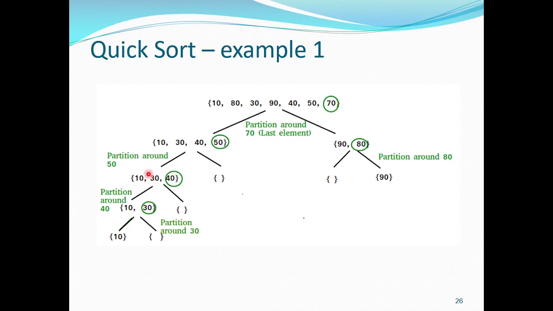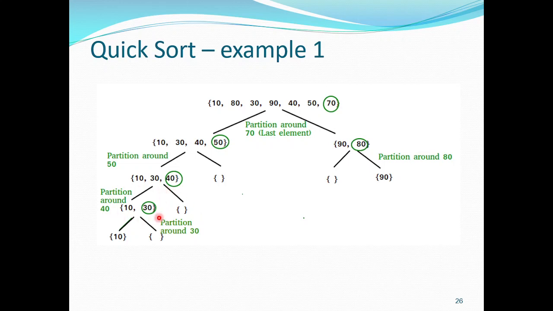So when we have 10, 30, 40 on the left side, we need to identify the pivot. The last element is the pivot, 40, and the 10 and 30 are less than 40, so they move to the left, and there's nothing for the right.